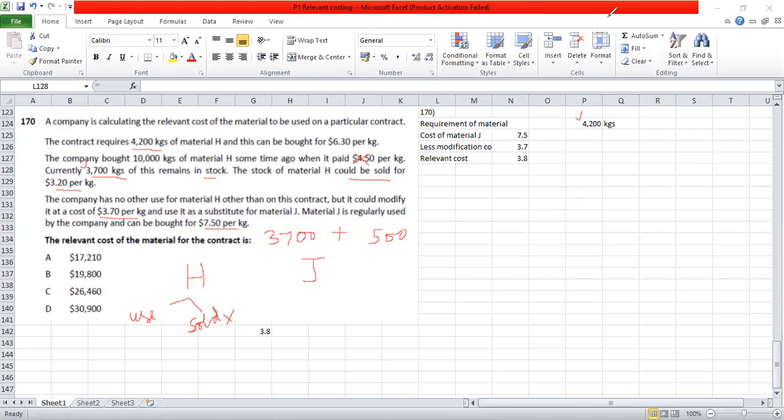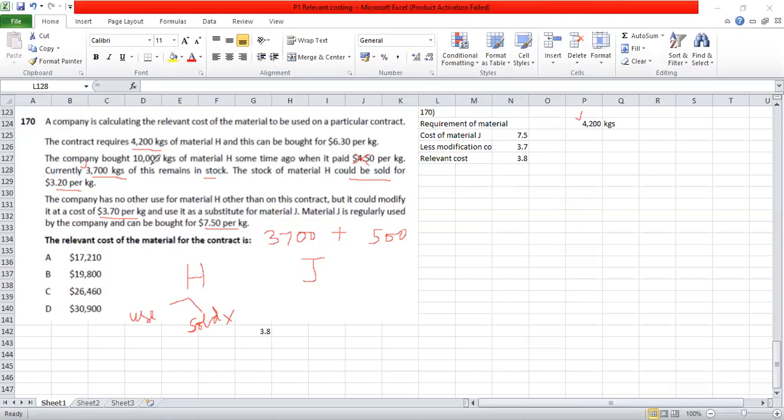And so either we can sell the material H for 3.20, or we can convert it to make material J. Ma'am, so that means 3.20 would be the minimum cost incurred.